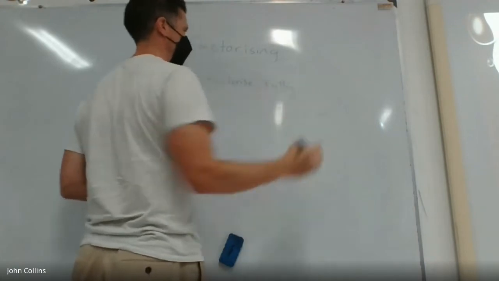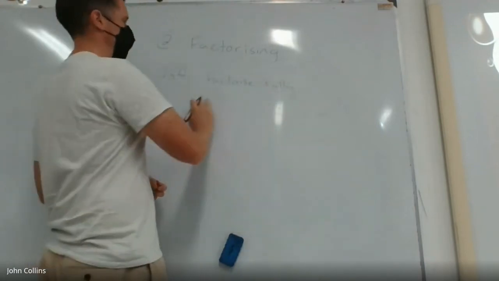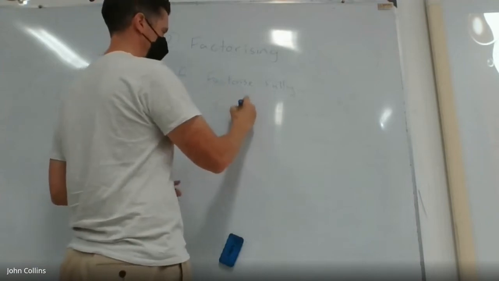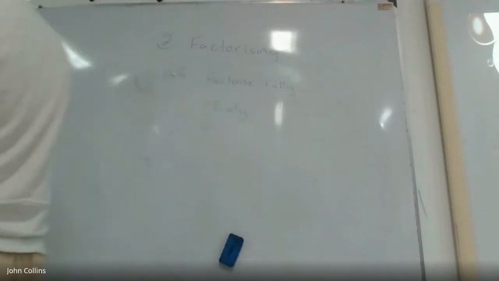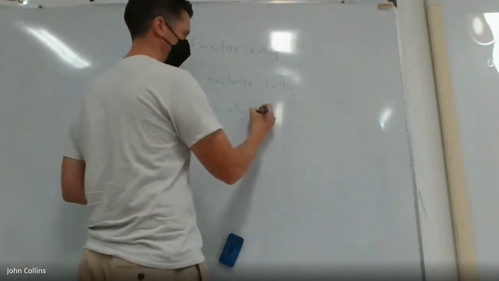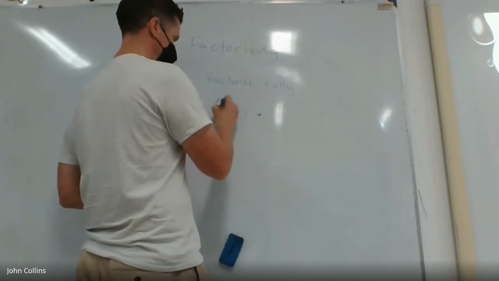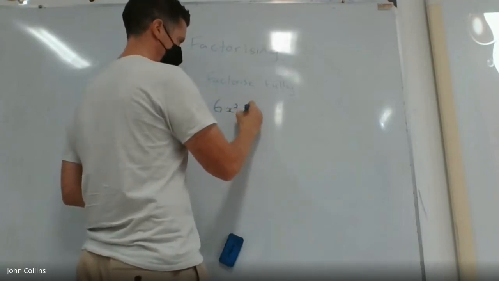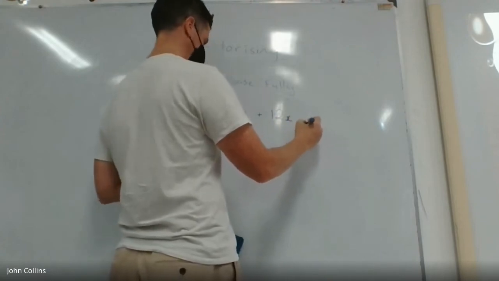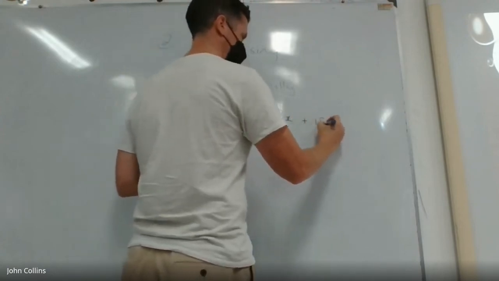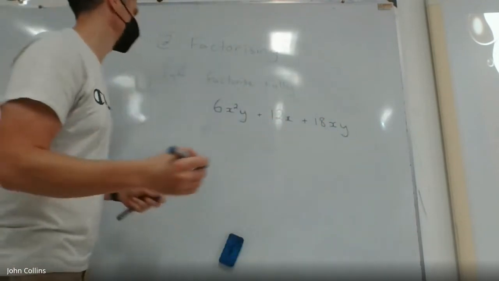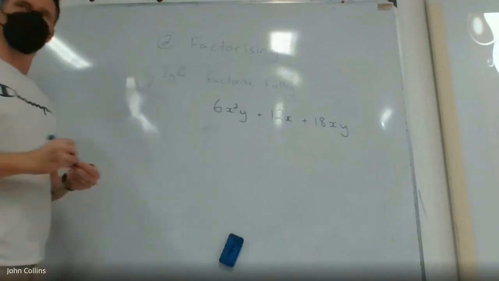You see that? That means this is a factorizing question. I'm going to do 6x squared y, this would be a difficult example, plus 12x, plus 18xy. So 3 terms, 1, 2, 3 terms. That would be what the question might look like.